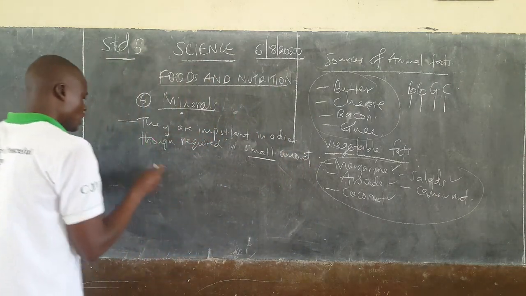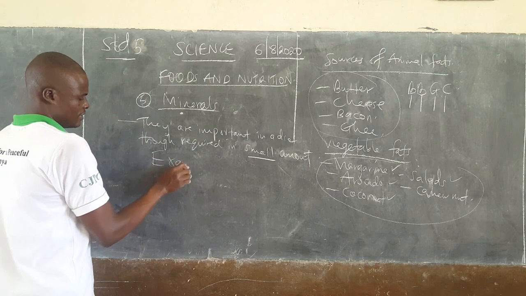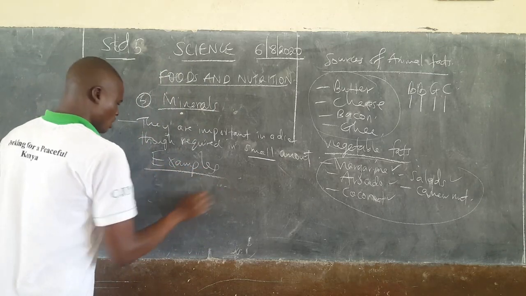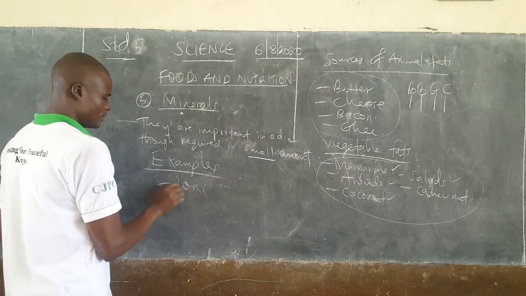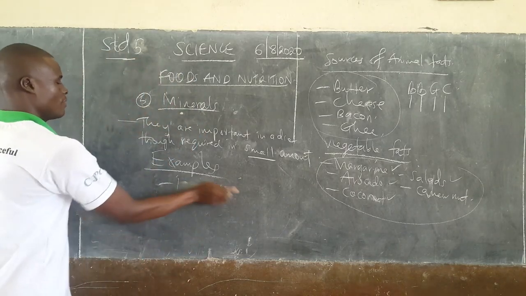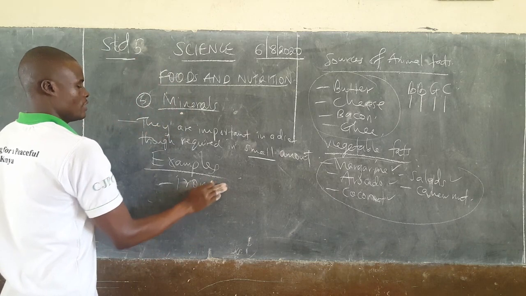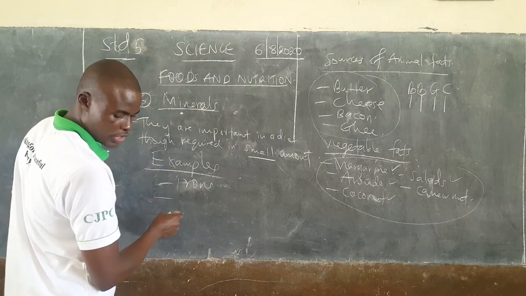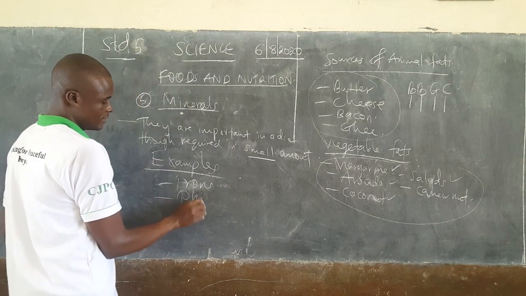Then minerals include, what are the examples of these minerals? So we have iron, Nana, that is very important. We need iron. We need phosphorus.